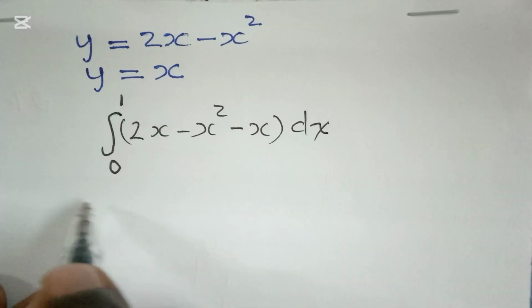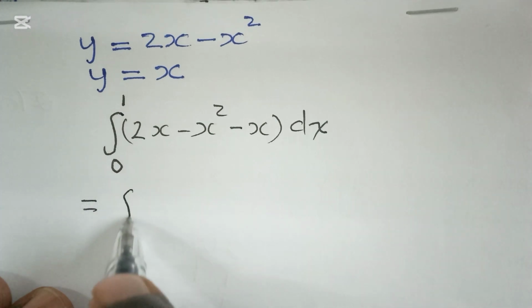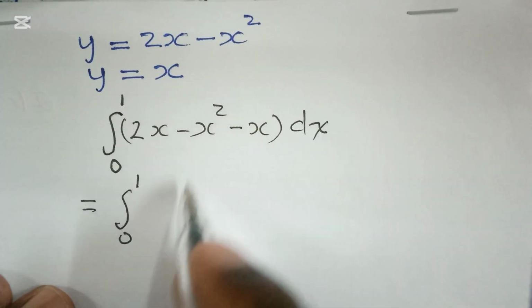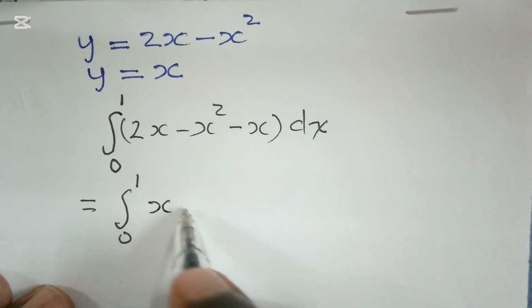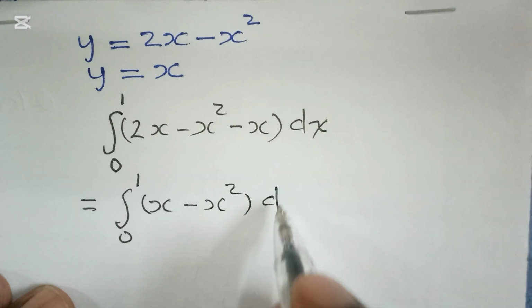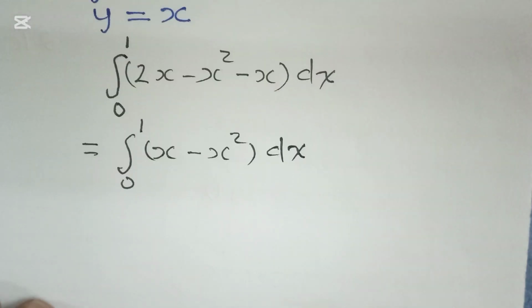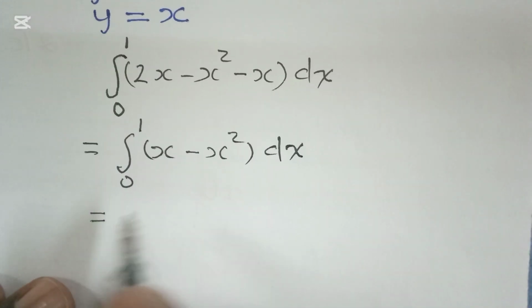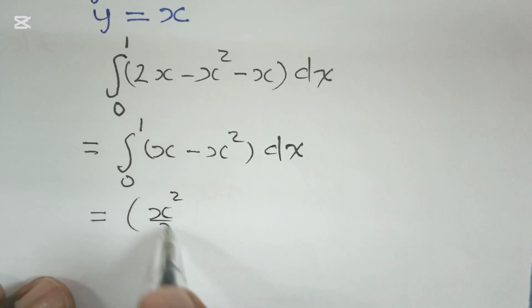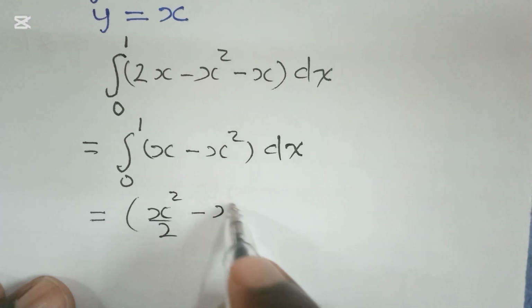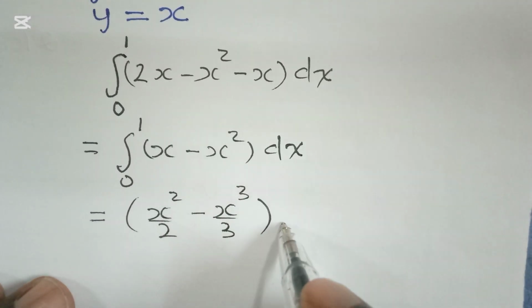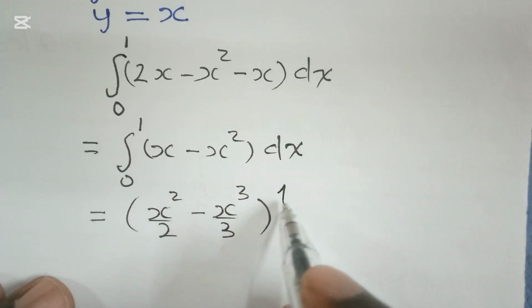So this is now going to be the integral from 0 to 1 of 2x minus x, that gives us x, minus x squared, dx. Guys, we can now integrate that. That will give us x squared over 2 minus x cubed over 3, with limits from 0 to 1.